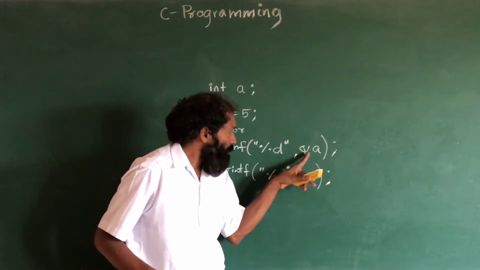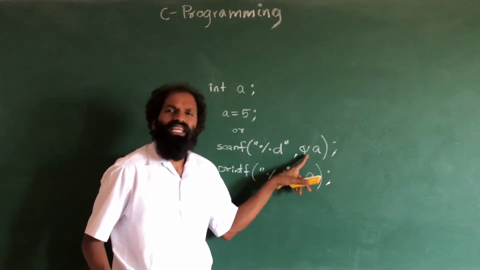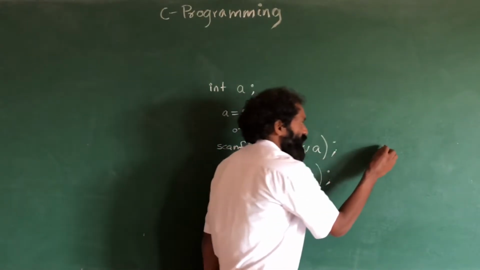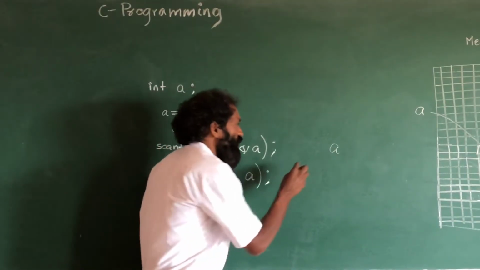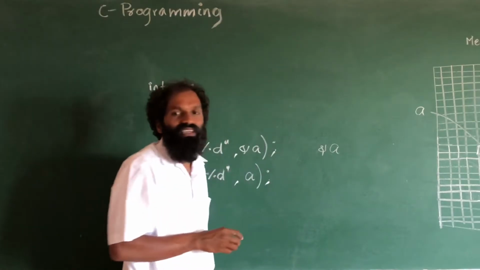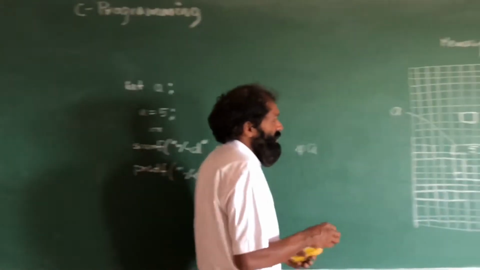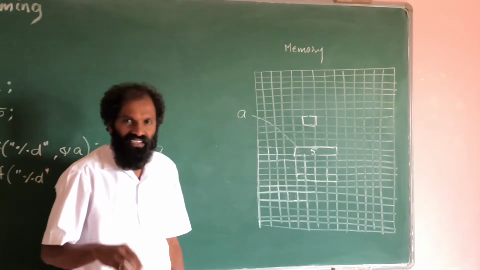Here we have to write &A. Why write &A? What is the meaning of &A? &A means address of A. If you write A, it means just the variable name. If you write &A, it means address of A. See, this box has an address. Every box has an address.